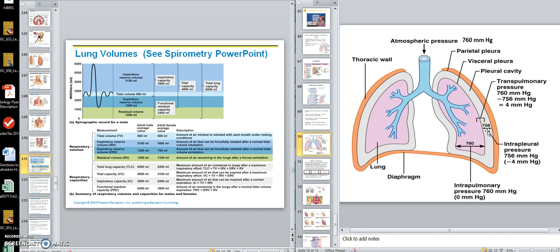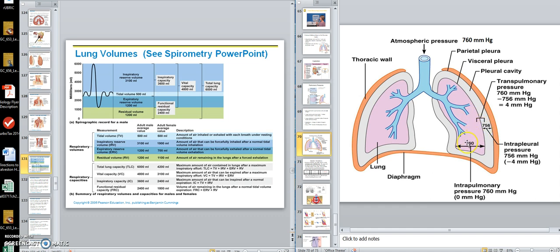Now, if that drops to a 754, what does this do? Drop to a 758. That would drop 2. You drop 2, you drop 2. 758. What happens then? Basically, because of the compliance of the lung, change in volume over change in pressure, we drop 2.